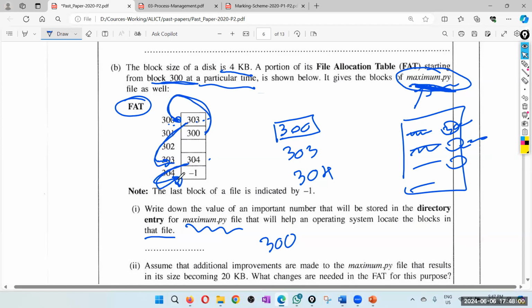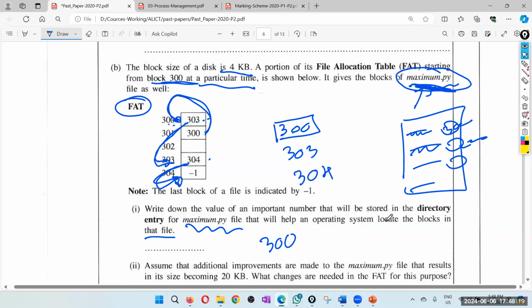So what is the starting point? This is not the starting point because you come into it. This is not the starting point, you go from there. The starting point is the one nothing leads into. So your operating system must keep track of the starting point, because once you know it, you know the rest and when to stop.